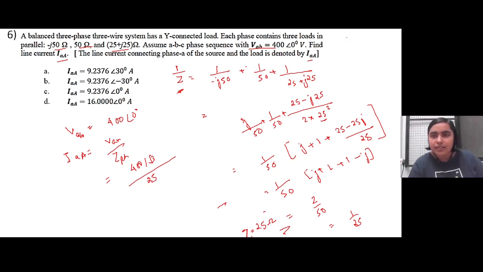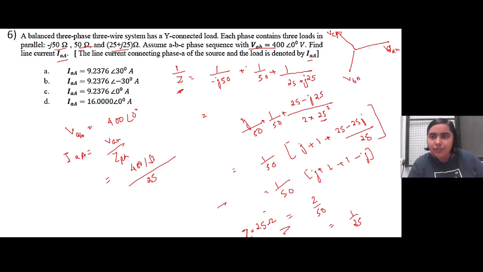As sir has taught in the class, VAN, VBN and VCN are 120 degrees apart.